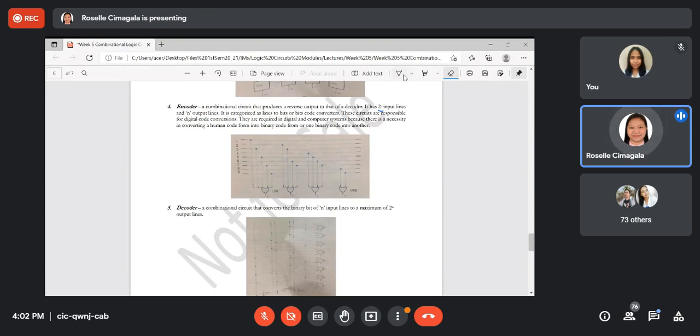They are required in digital and computer systems because there is necessity in converting a human code form into binary code form or one binary code into another. So, gamit ni siya kung mag-convert kag binary to decimal, hex to decimal, binary, no? And so on.